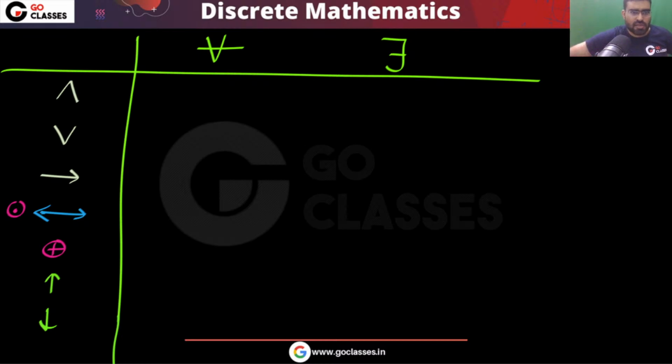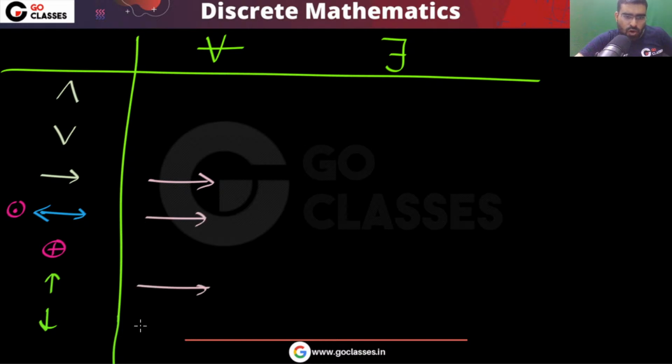Now let's see. Which of them are arrow type operators? These are the arrow type operators. For the arrow type operator, the universal quantifier will only go from compact to expanded.